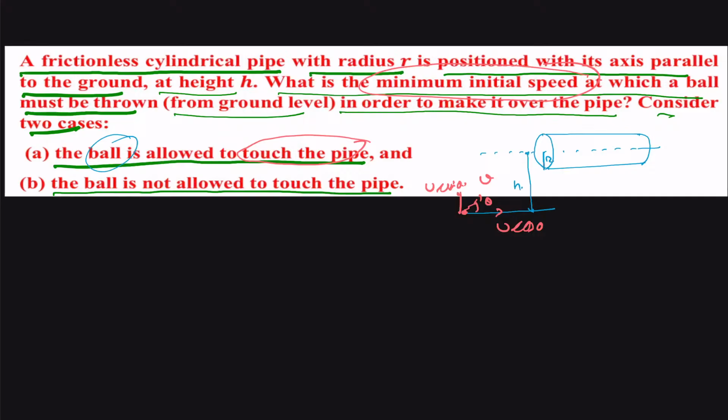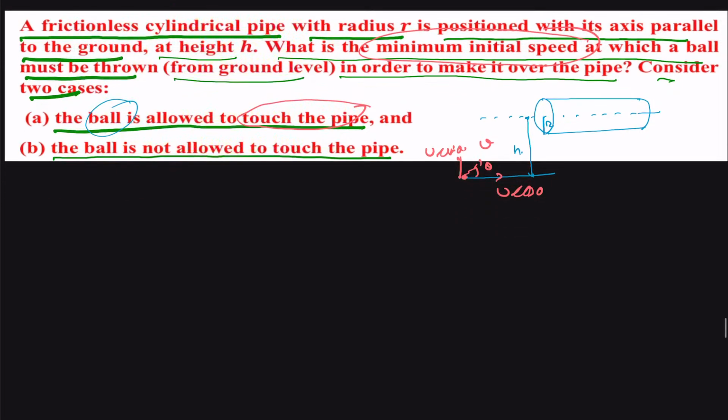So let us consider a coordinate system. We assume that the launch point is our origin. X will be our horizontal and Y will be our vertical.